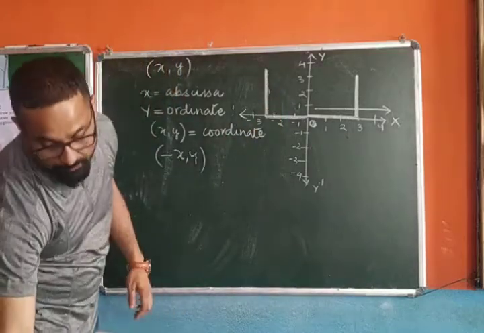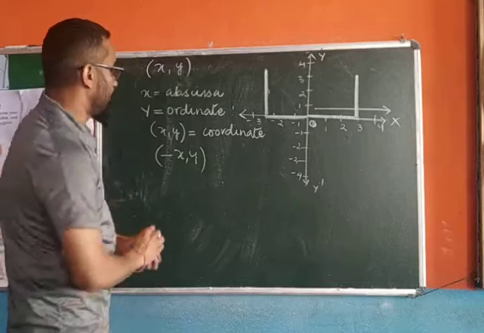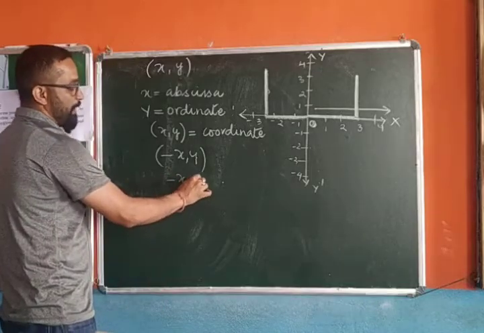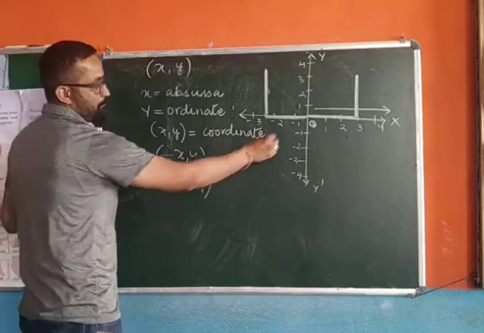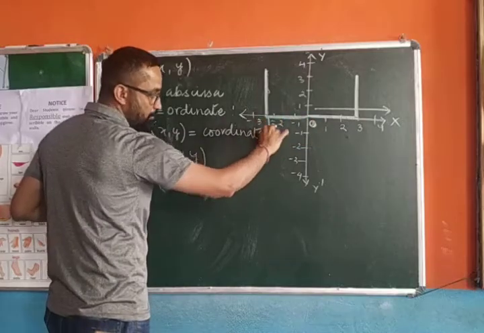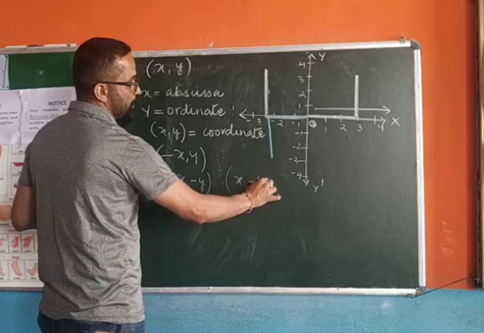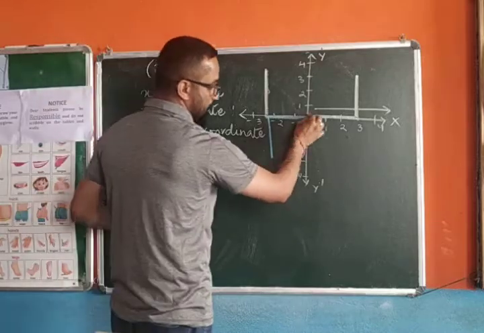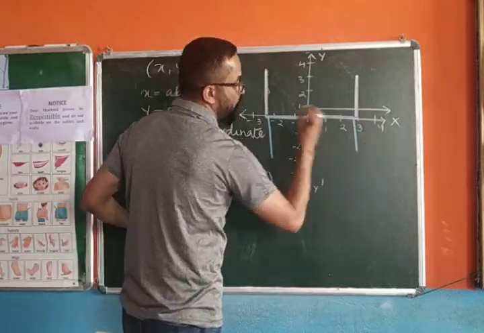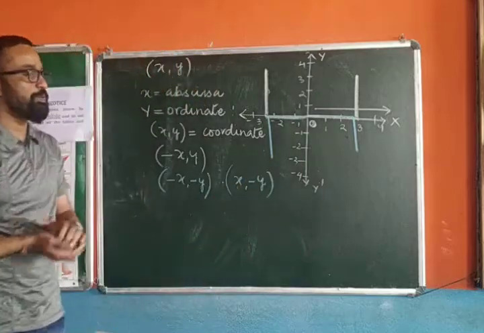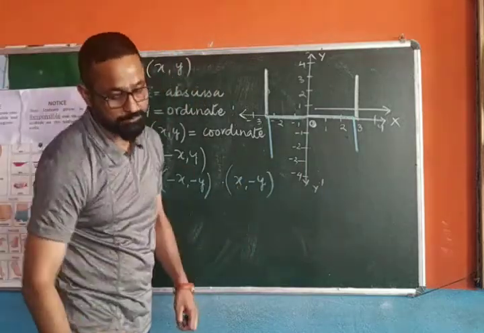If both are minus, (minus x, minus y). If it is (x, minus y), positive x and negative y. So remember this Cartesian system.